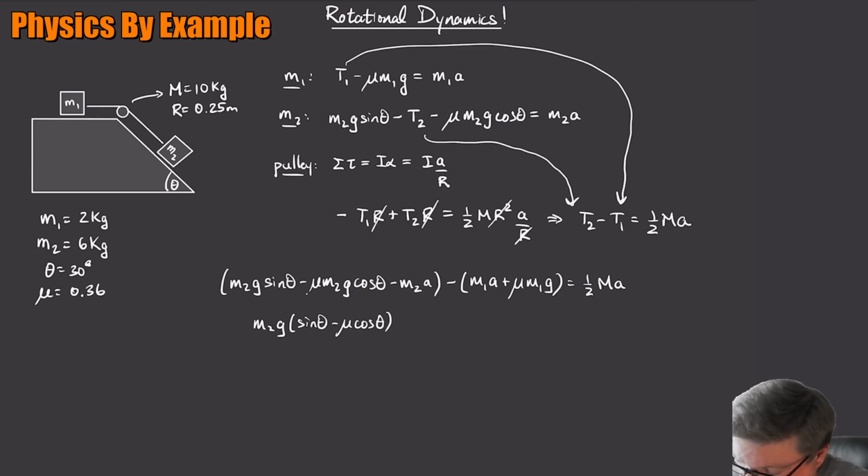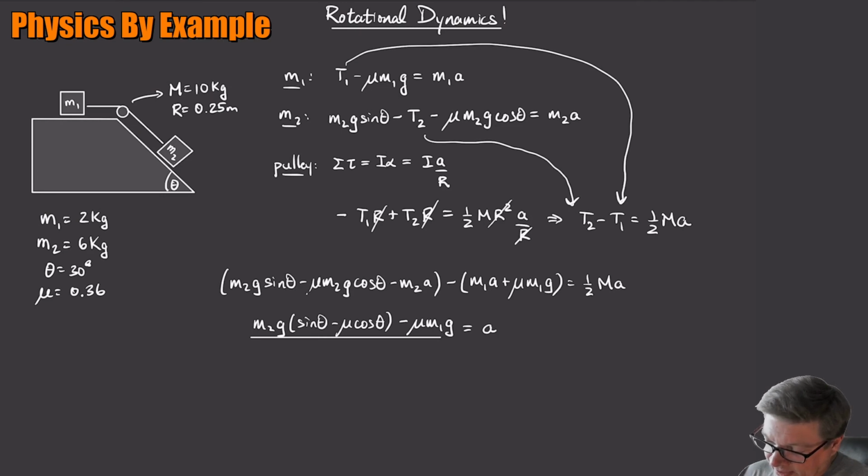And then I'm going to have a minus mu m1g. And then on the right-hand side, I'm going to have an A. And then factoring that out, I get a 1/2 m plus m1 plus m2. And then I divide it over on the left.